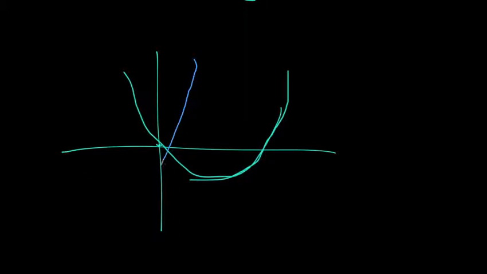Our second derivative is going to look something like that, because it's just a straight line. We found earlier that at the origin, the derivative, this parabola, is equal to 0, and at that point the second derivative is negative. When the second derivative is negative, that tells us that our original function is concave down.